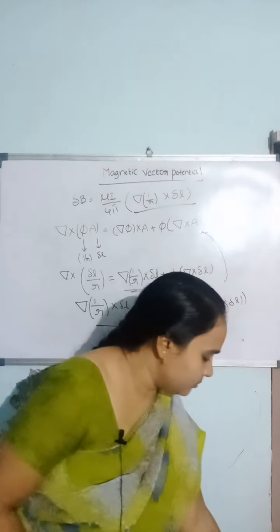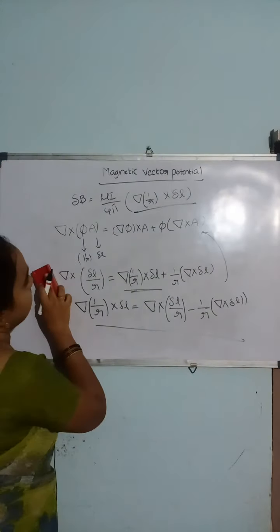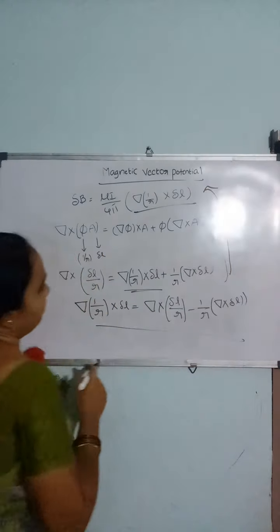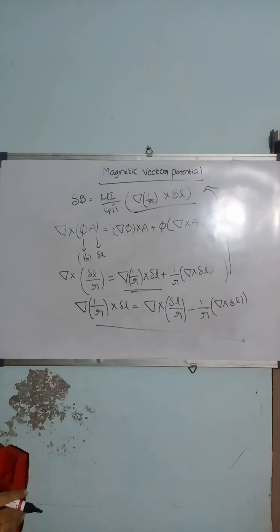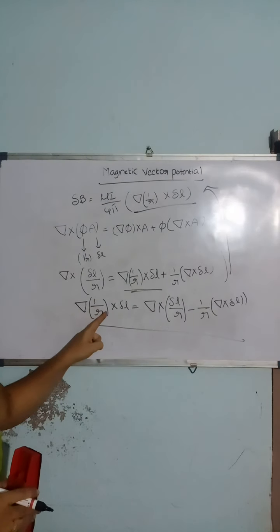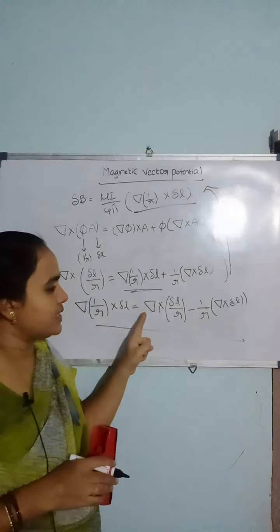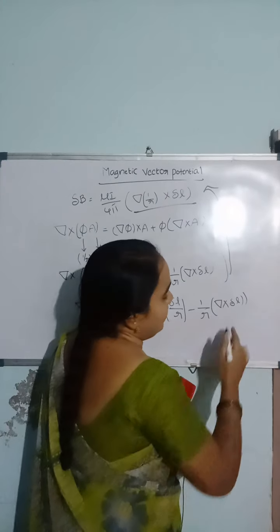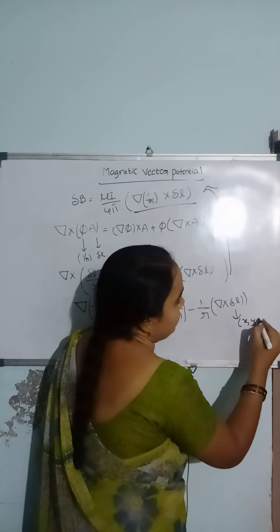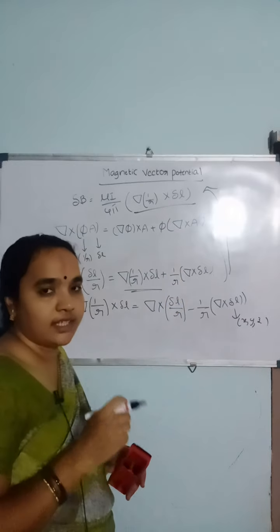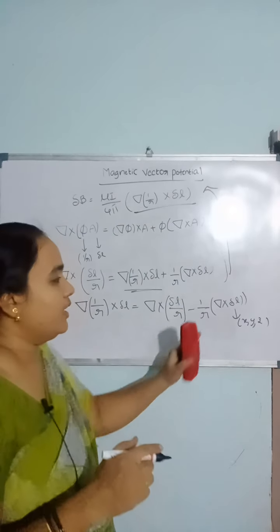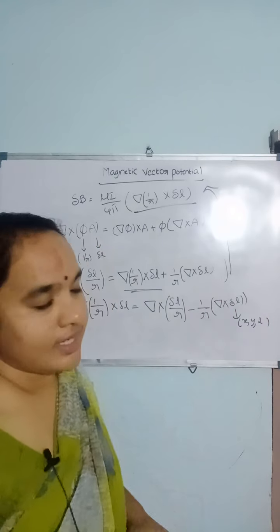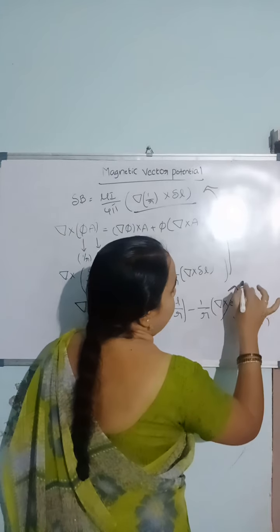Let us substitute this in this equation. Note down this one. In place of del of 1 by R cross delta L, we replace del cross delta L by R minus 1 by R del cross delta L. Here delta L is independent of x, y, z, whereas del is dependent on them, that is i dou by dou x plus j dou by dou y plus k dou by dou z. So the curl of a constant is equal to 0, and this term goes to 0.